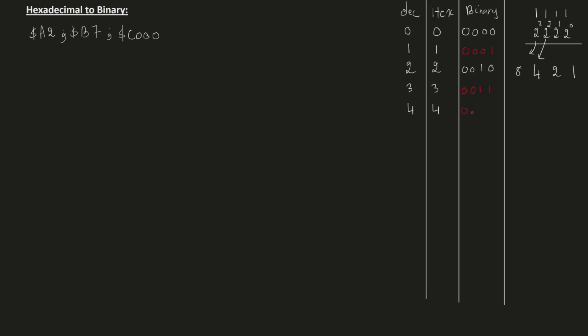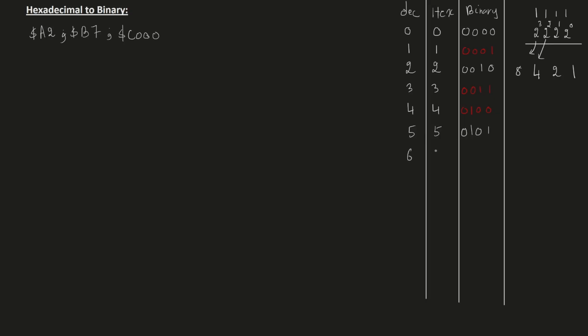So that's 0, 1, 0, 0. 5 in decimal is 5 in hex. In order to get 5, we need to add 4 plus 1, so these two bits need to be 1 and the rest zeros. So it is 0, 1, 0, 1.